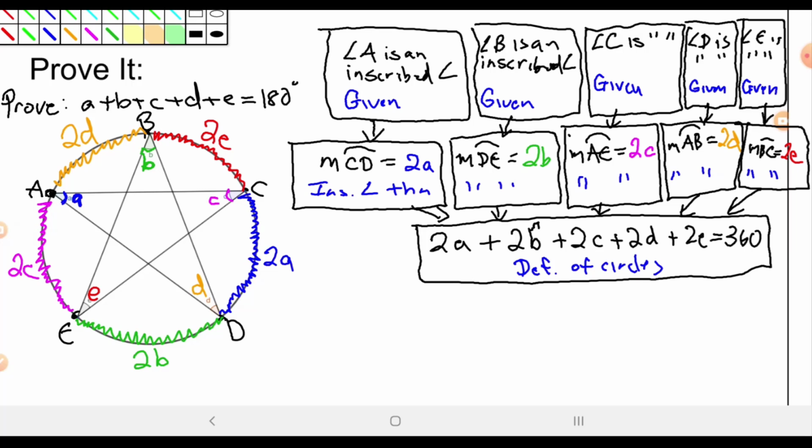We're almost done. Hopefully you notice that each one of those arcs, so 2A, 2B, 2C, 2D, they all have a 2 in it, so we're going to use a little bit of algebra, go back to like 3rd grade, and remember we can factor out a common factor, so we're going to get 2 times A plus B plus C plus D plus E is equal to 360.